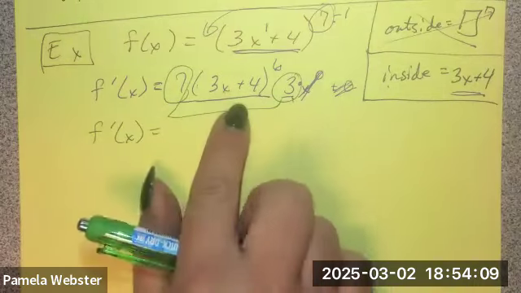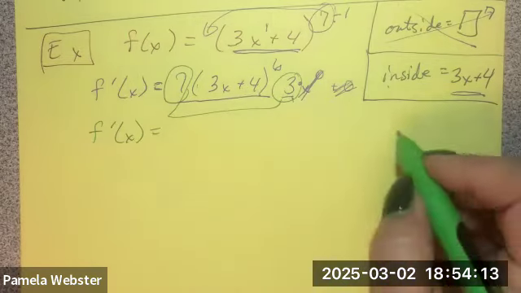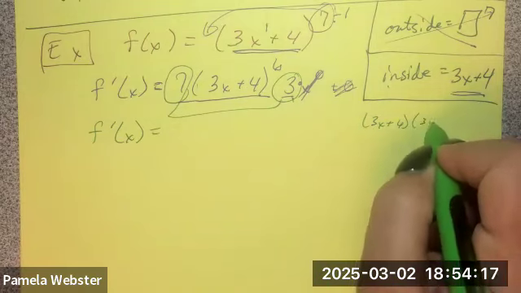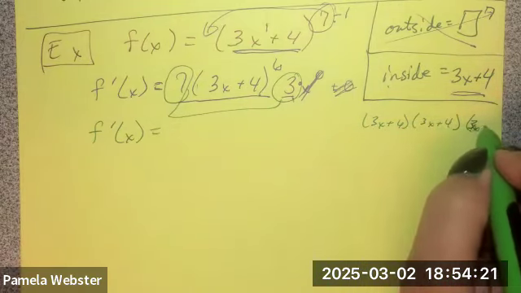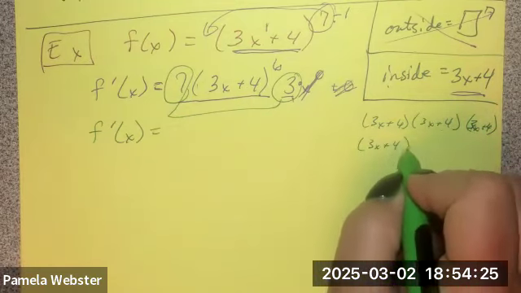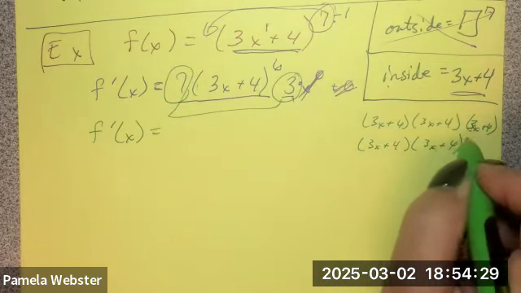Well, I'm not going to multiply 3 into this thing to the 6th power. Nobody's going to take the time, or at least I hope you don't, to go 3x plus 4 times 3x plus 4. What does that mean? 3x plus 4 to the 6th. Times itself 6 times, right? I'm going to write this one out. I'm never going to do it for you again.